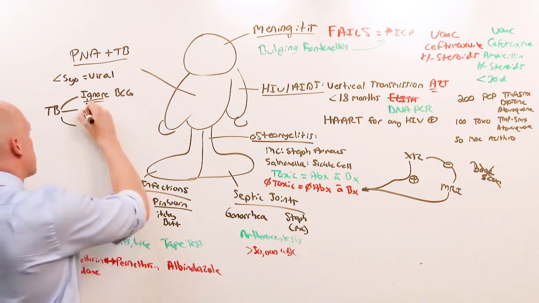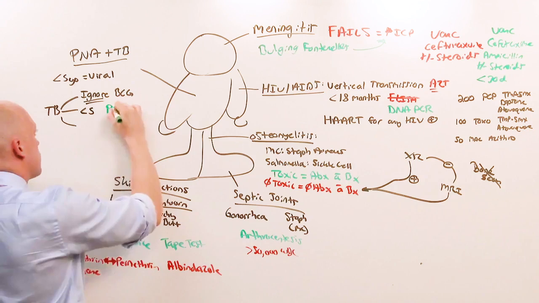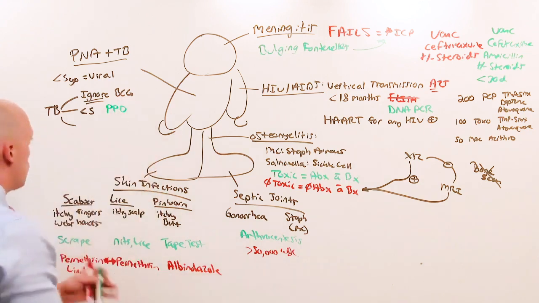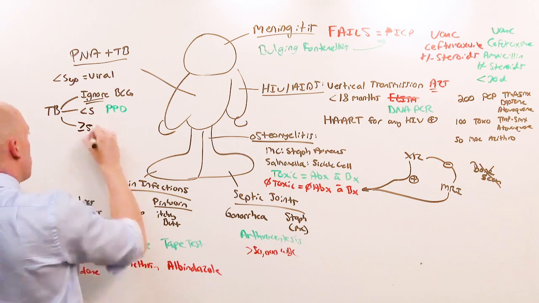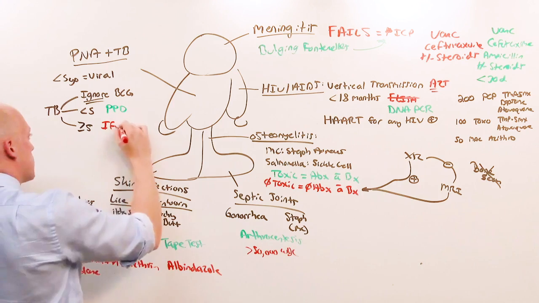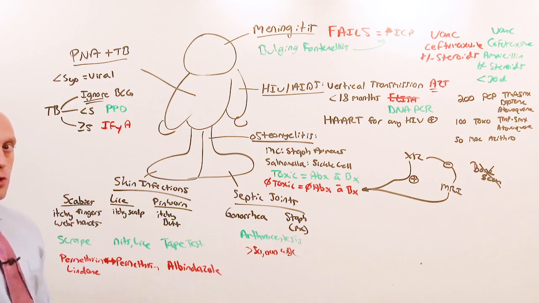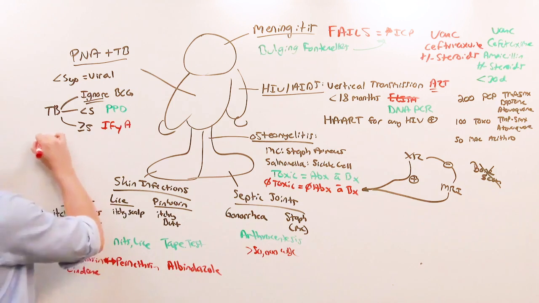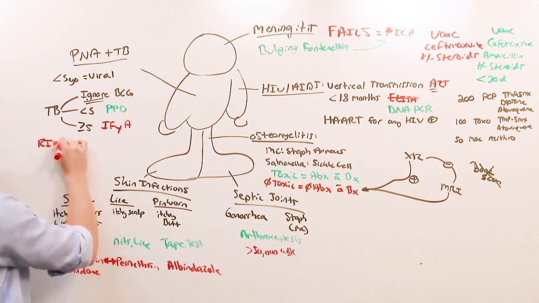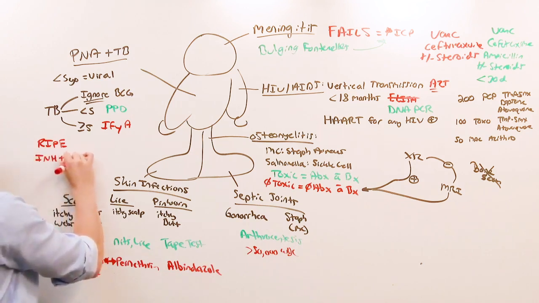If you are less than 5, you should be getting the PPD, the skin test. If you are older than 5, you should be using the interferon gamma release assay. You treat tuberculosis with either RIPE for full-blown TB or isoniazid, don't forget your B6, for latent.